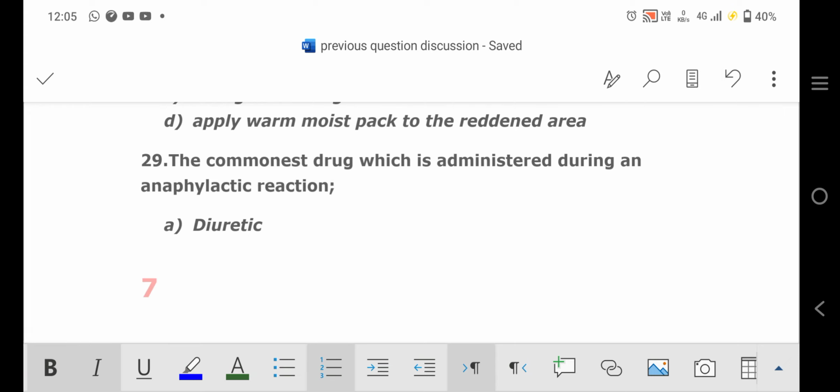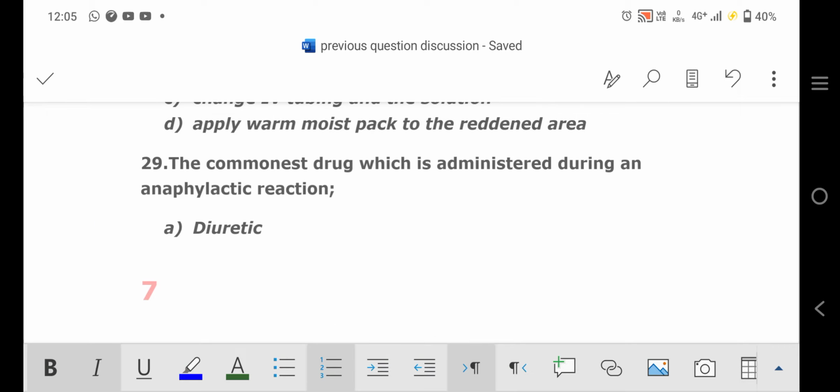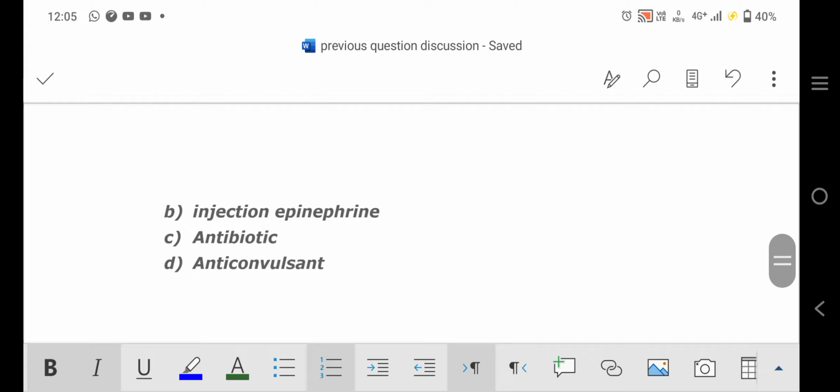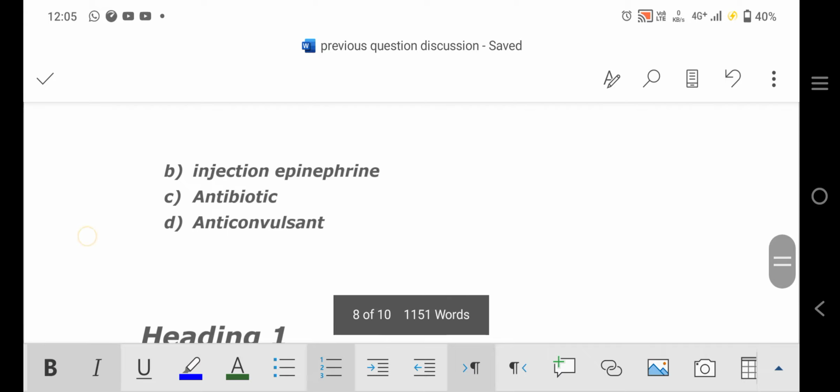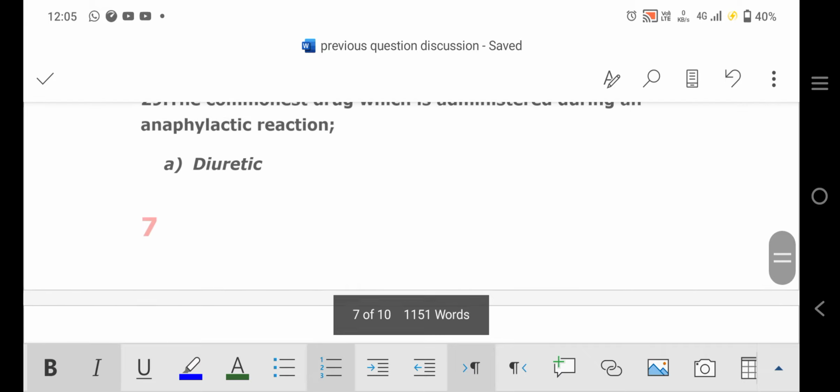Next question. The commonest drug which is administered during an anaphylactic reaction. Options: diuretic, injection epinephrine, antibiotic and anticonvulsant.